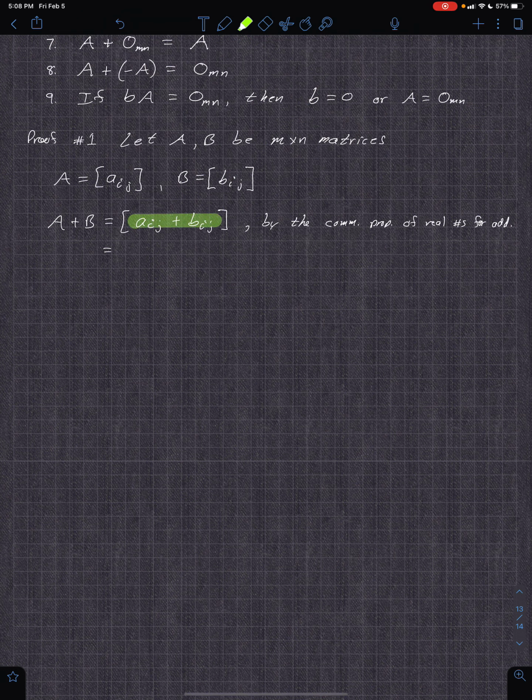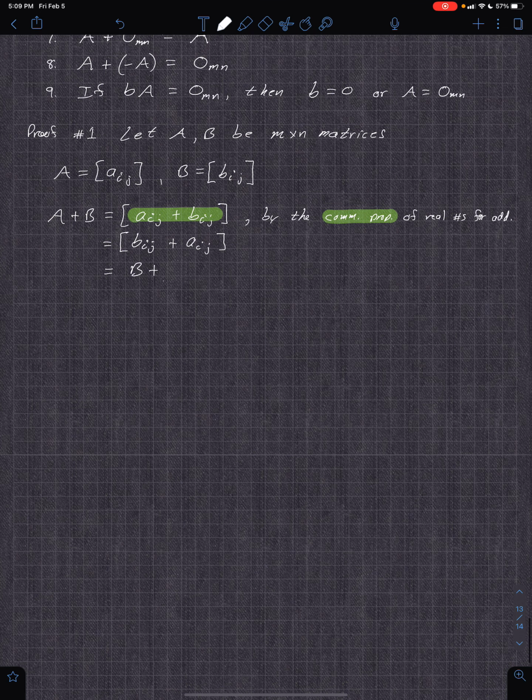So you commute those, and it's totally fine because they're just real numbers. You get B sub ij plus A sub ij, which is B plus A. That's by definition of matrix addition.